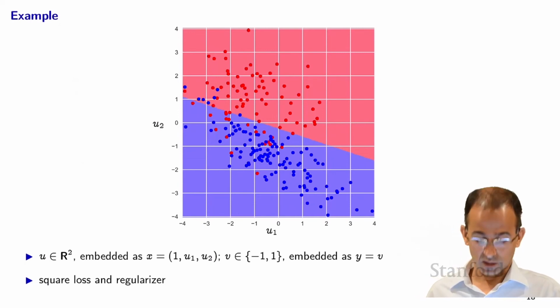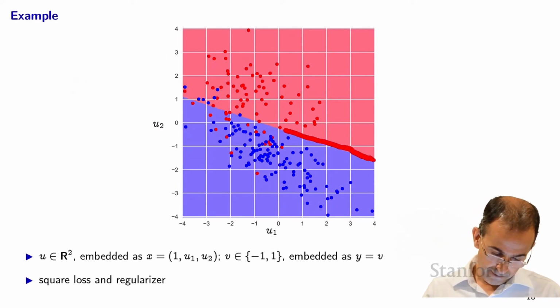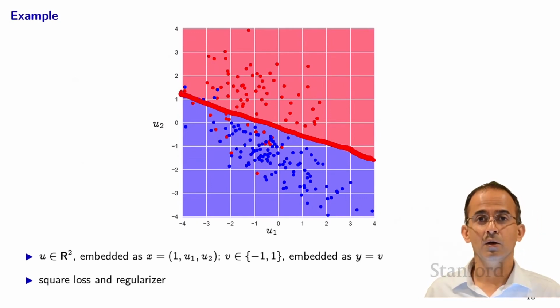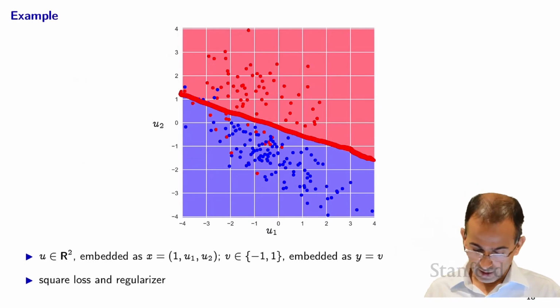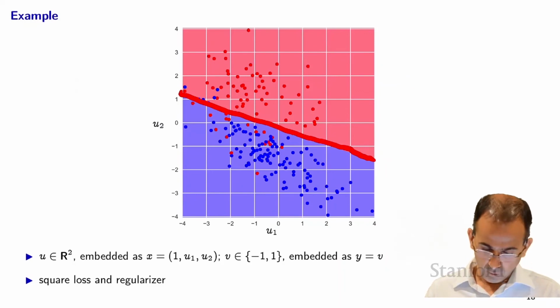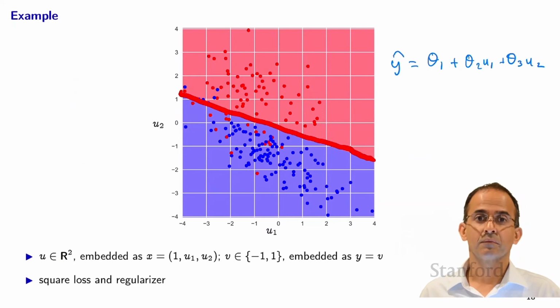And of course, really what's going on is that this boundary is the boundary where y hat is 0, and y hat is a linear function of u1, u2. We know what it must look like. Y hat must be equal to theta 1 plus theta 2 u1 plus theta 3 u2.